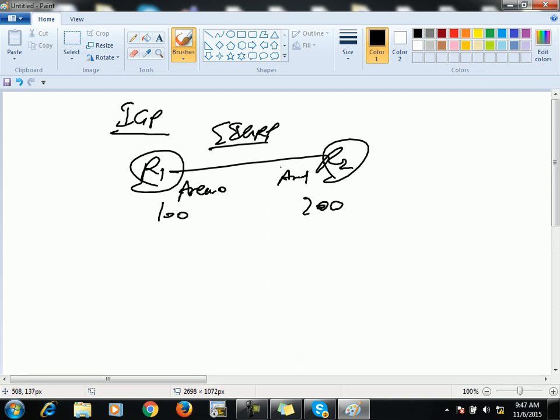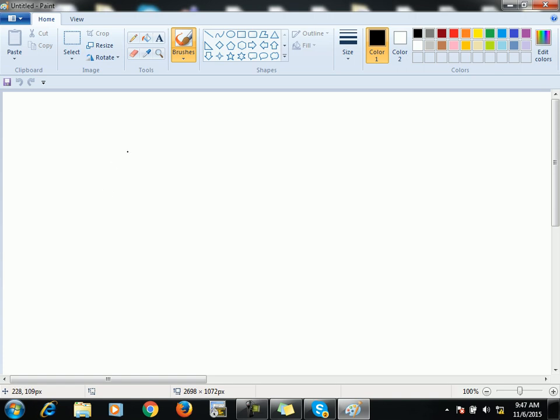Apart from that, I taught you during EIGRP that you cannot have millions of routes. Actually, when they developed these IGPs, whether it is RIP or EIGRP or OSPF or ISIS, they developed these routing protocols to handle up to 1,000 of routes, not more than that.